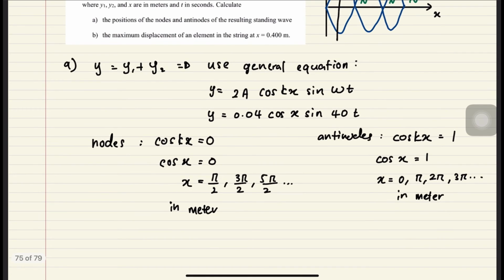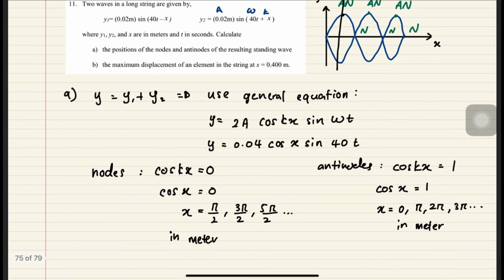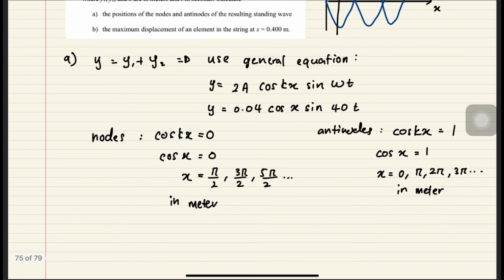I think just now I said it wrongly about the radian. Okay, part B, the maximum displacement of an element in the string at x equals 0.4. So when x is equal to 0.4, you want to find the maximum displacement y, right?